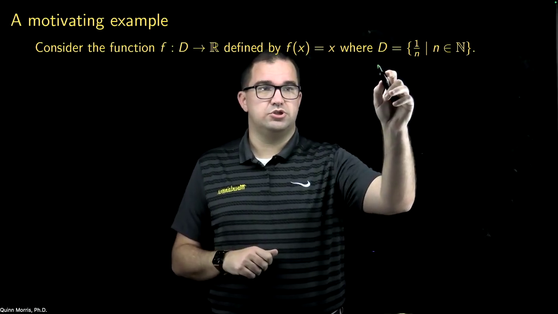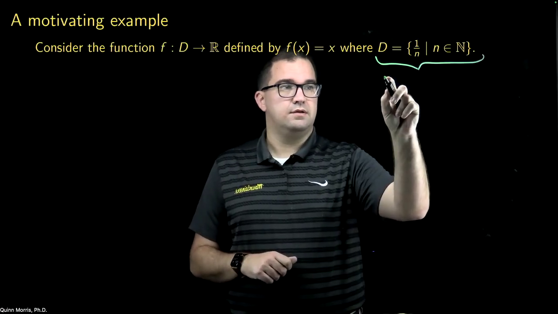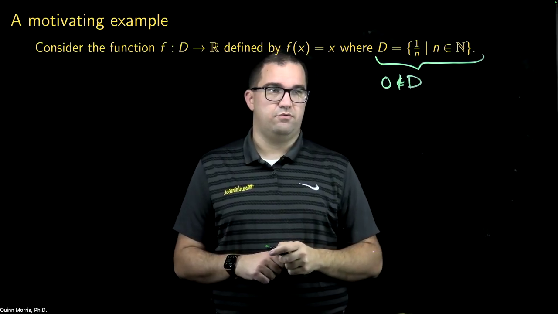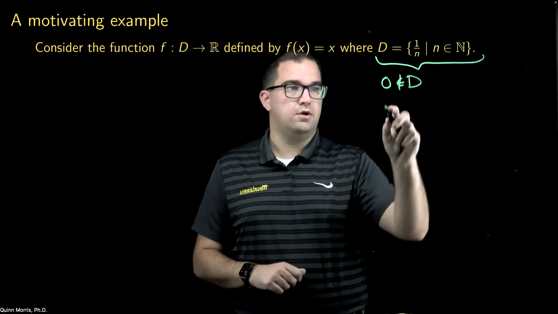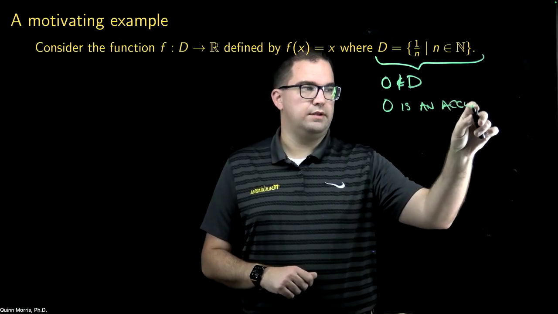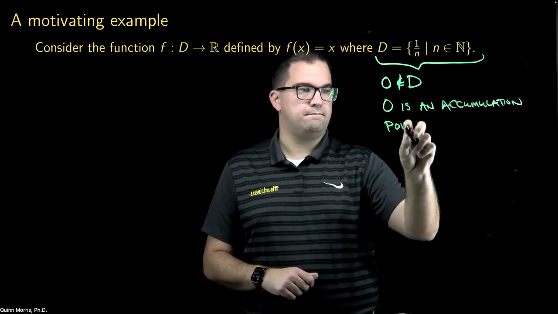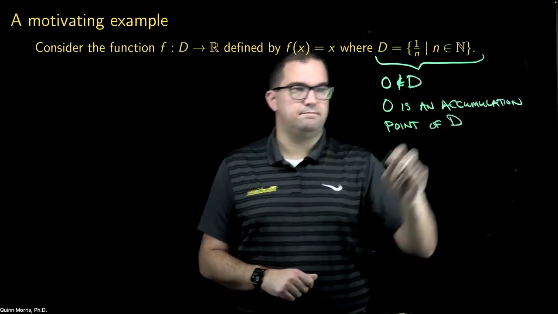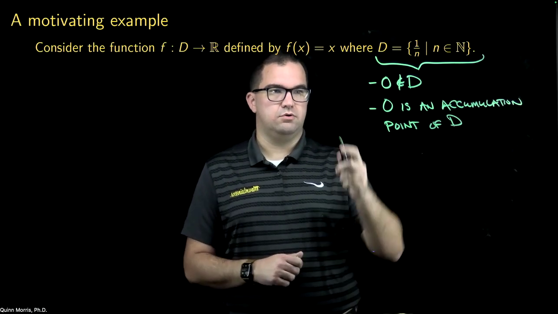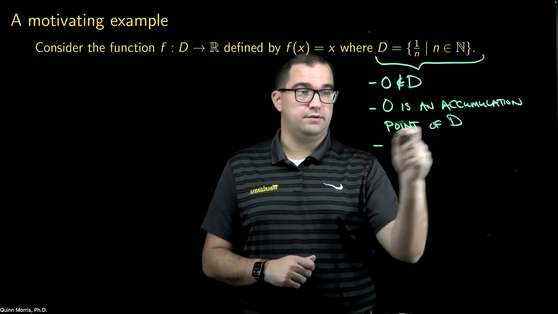In fact, one of the things we showed in that video, maybe a bit of foreshadowing, is that 0 is not in the set D. 0 is not of the form 1 over n for some natural number, but 0 is an accumulation point of this set D. And finally, we also briefly mentioned that every other point in this set is an isolated point.